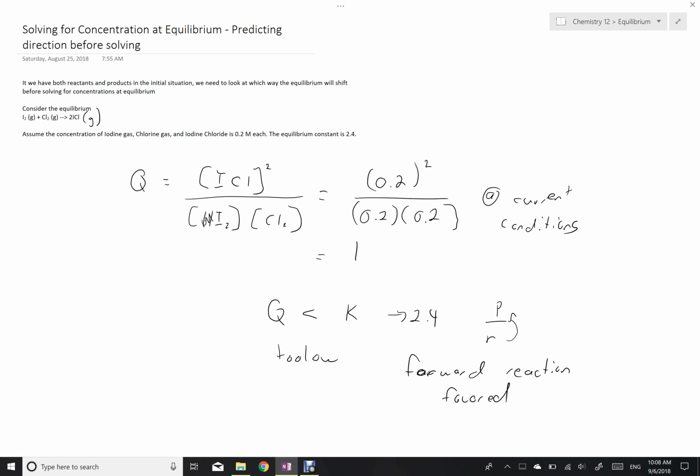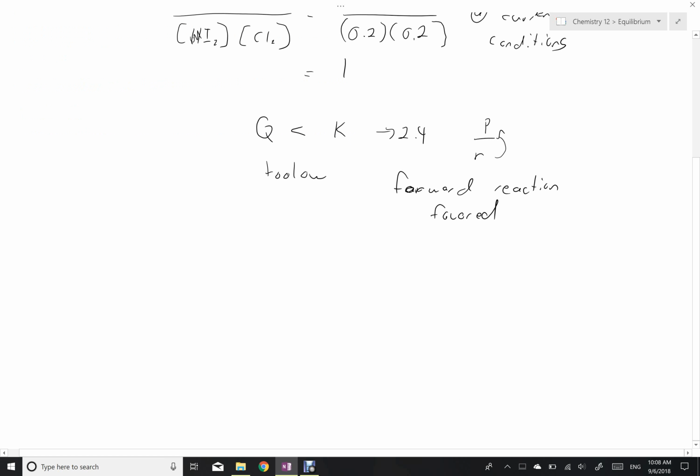With that in hand, I can set up my ICE chart. Iodine gas and chlorine gas are going to form iodine chloride. I have my initial, I said they're all 0.2 molar. My change, my equilibrium.